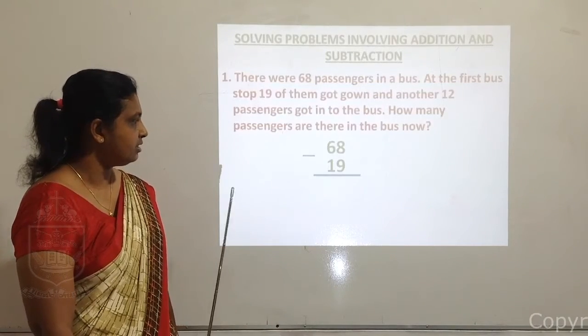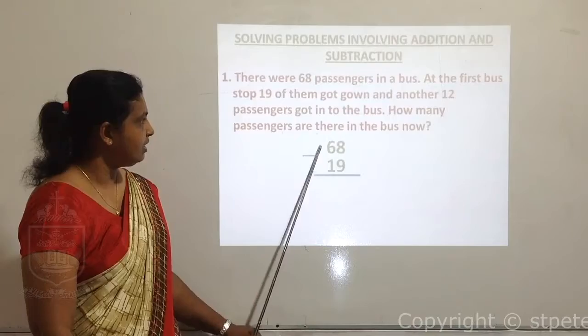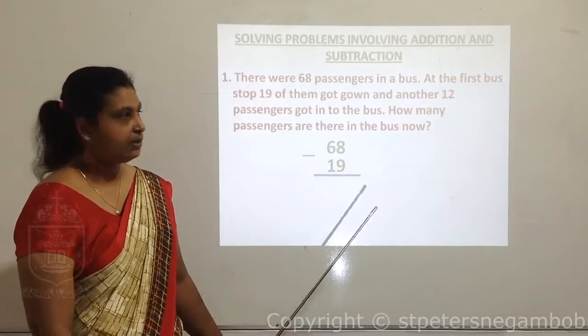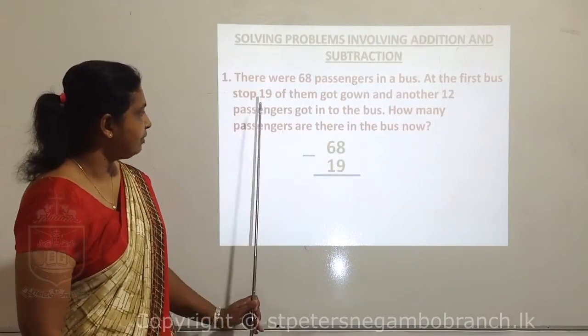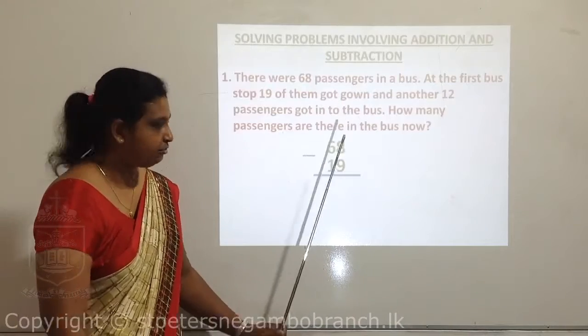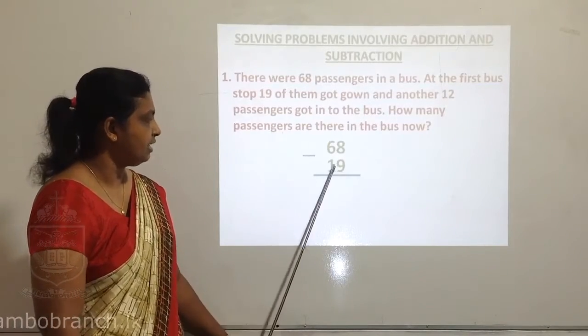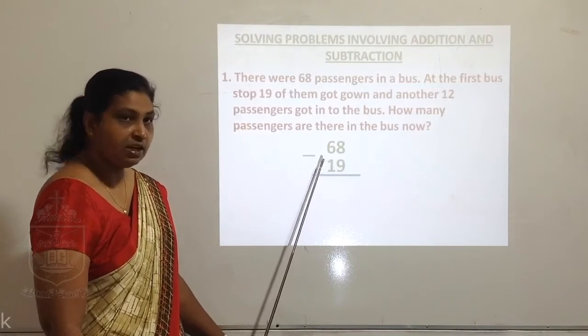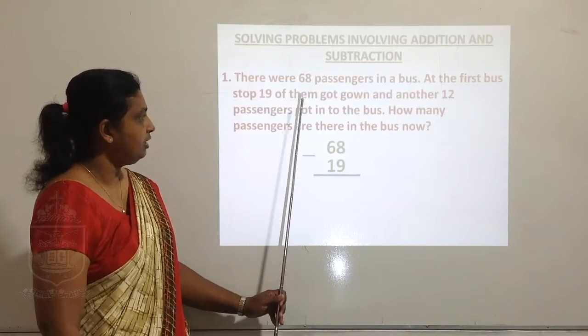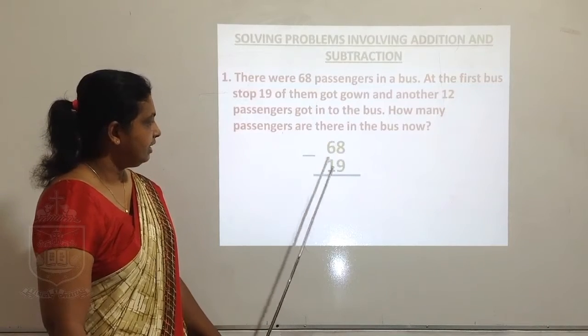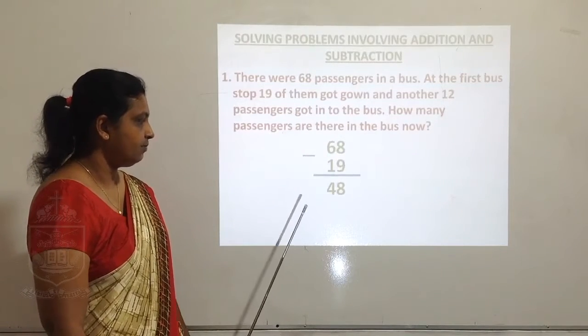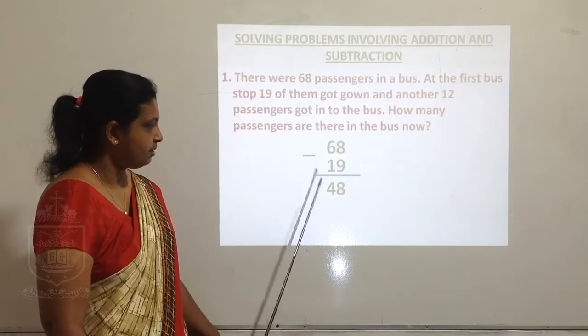First one, this 68 means the passengers in the bus. At the first bus stop, 19 of them got down. So the first step is you have to subtract this 19, because they have got down. Then you get the answer as 48 after subtracting.